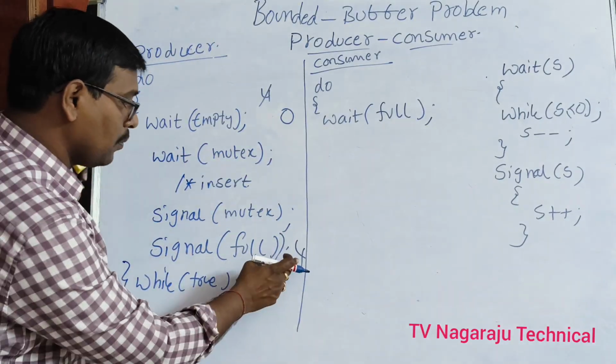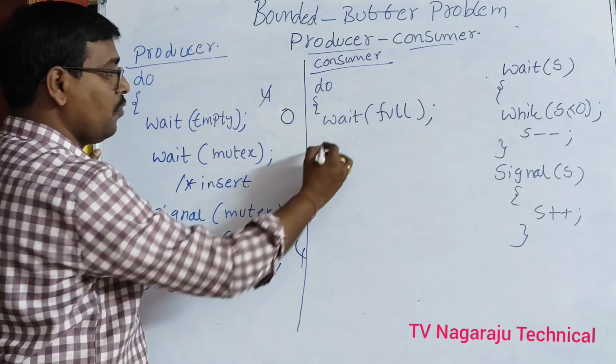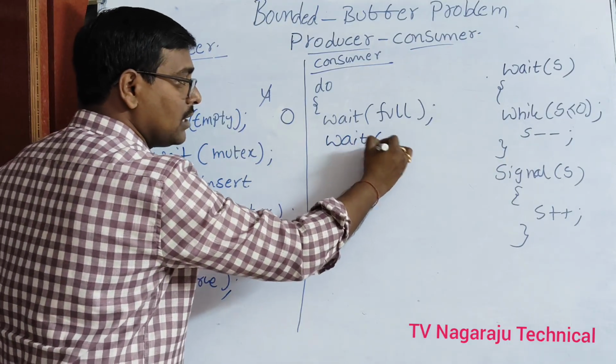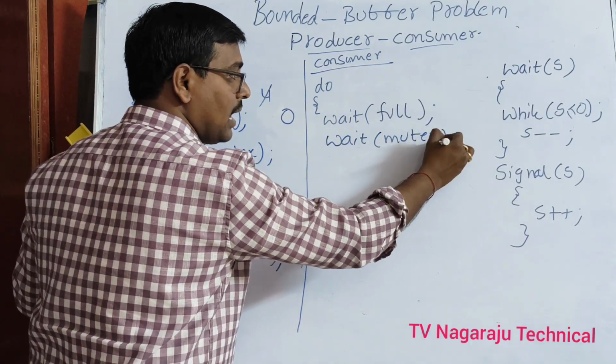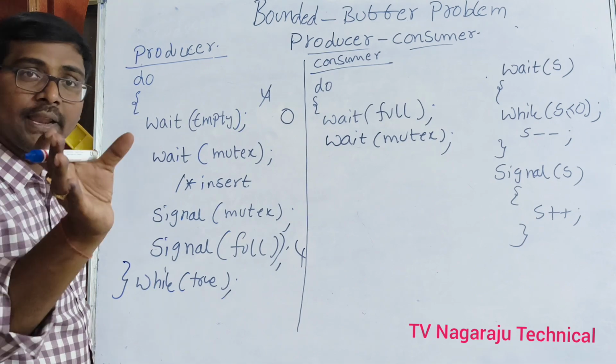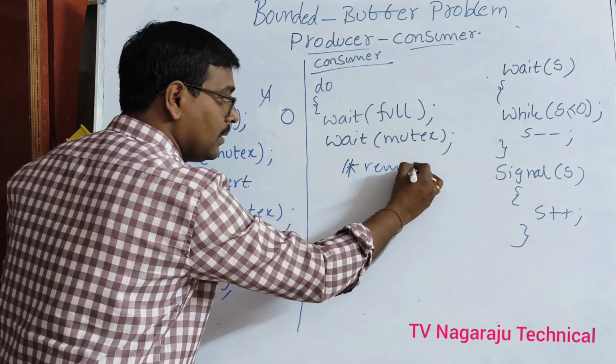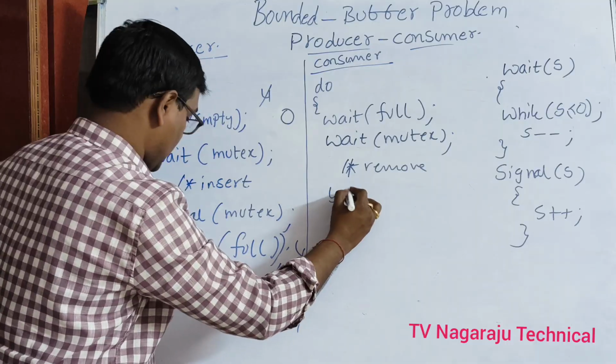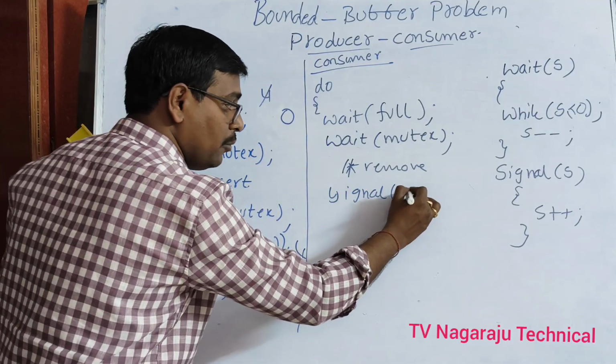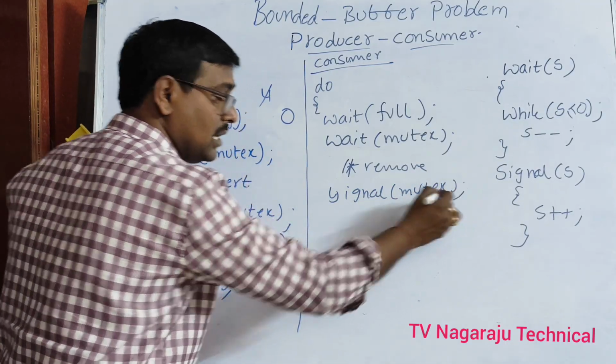Suppose in my example, the full value is equal to 4. Immediately while consuming, I acquire a lock on the buffer. After that, remove the data. After removing the data, signal of mutex, that is, the buffer is released.